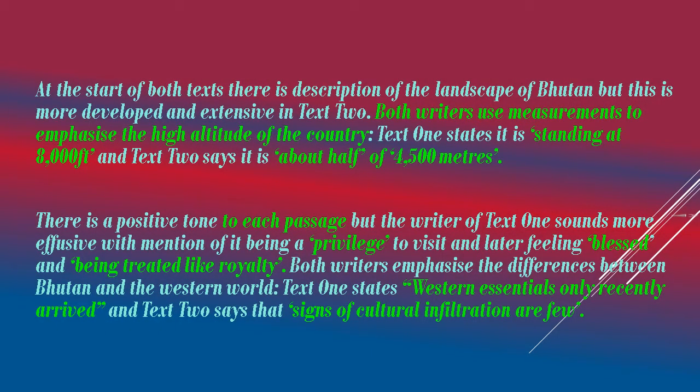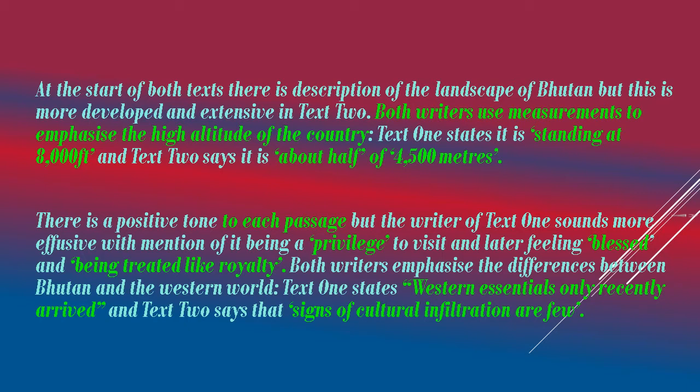So therefore, at the start of both texts, there is a description of the landscape of Bhutan, but this is more developed and extensive in text 2. Both writers use measurements to emphasize the high altitude of the country. Text 1 states it is standing at 8,000 feet, and text 2 says it is about 4,500 meters above sea level.